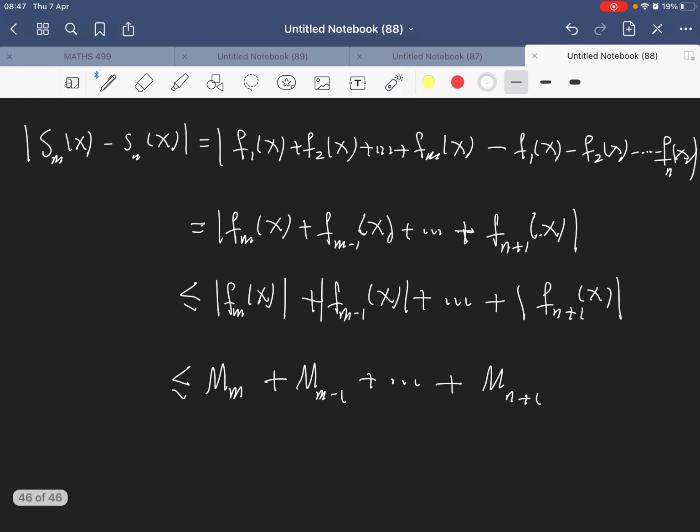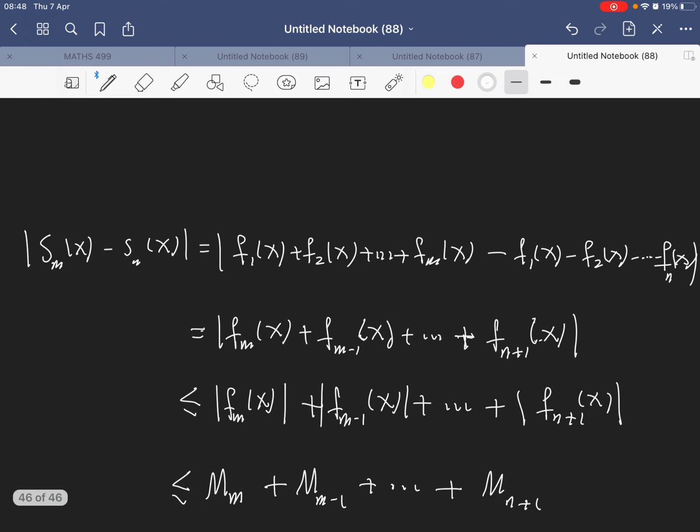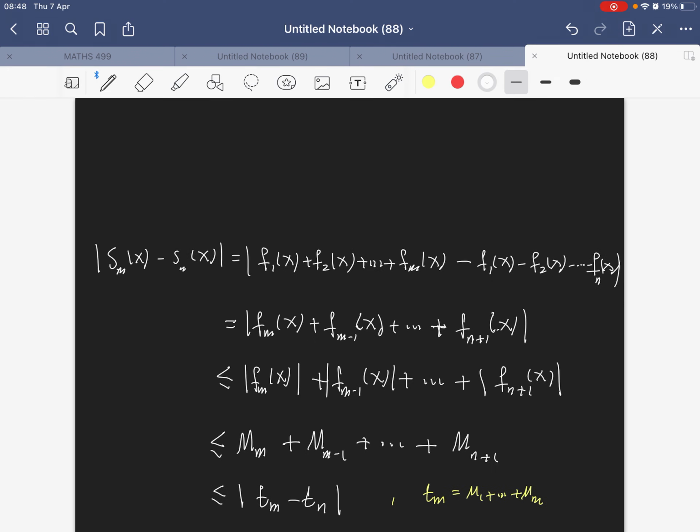Okay, now if you focus on this one, this is less than Tm minus Tn. You will tell me what is Tn, what is Tm. Tm is the partial sum of the Mn. Now, what do we know about the series M1, M2, M3, and so on? It converges, right? Let me write it down here just to make sure that we are following.